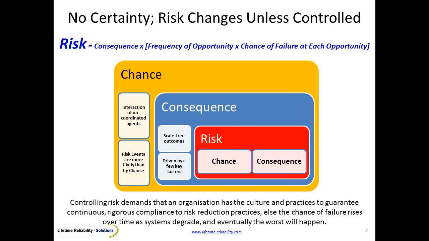There are three components. There's the consequential cost of loss when something goes bad. When the machine breaks down, there will be money lost. The frequency of opportunity for failure is another factor in risk, because if opportunity is very, very low, then the odds of something happening fall away. It's unlikely to occur.